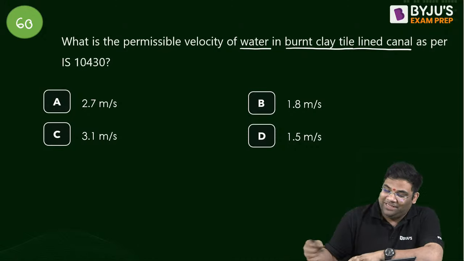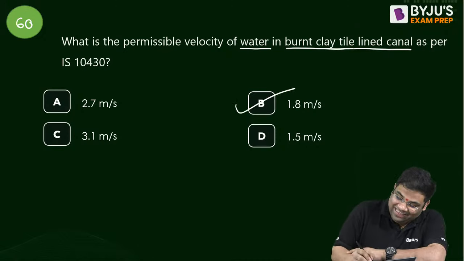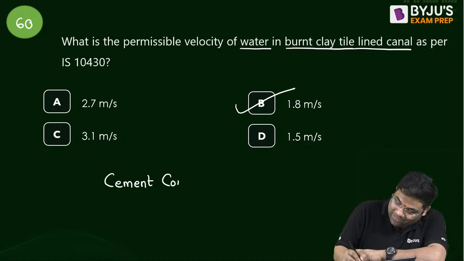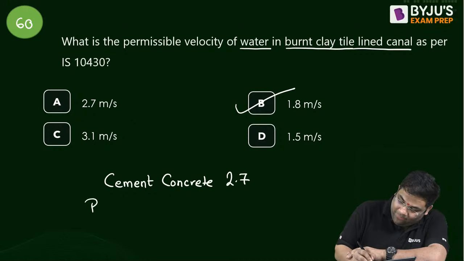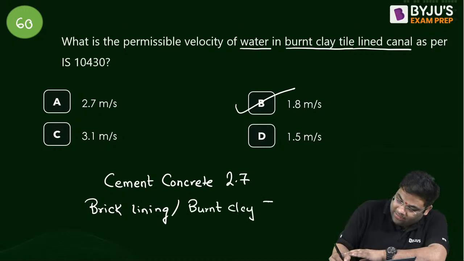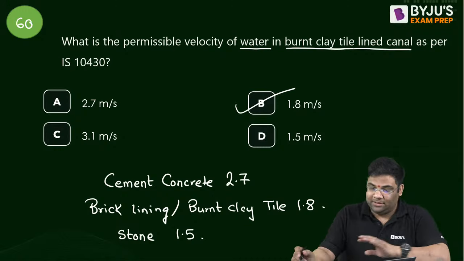The answer is B. See, for cement concrete, it is 2.7. If we have brick lining or burnt clay tile lining, we have 1.8, and if we have stone lining, then we have 1.5. So the answer is B.